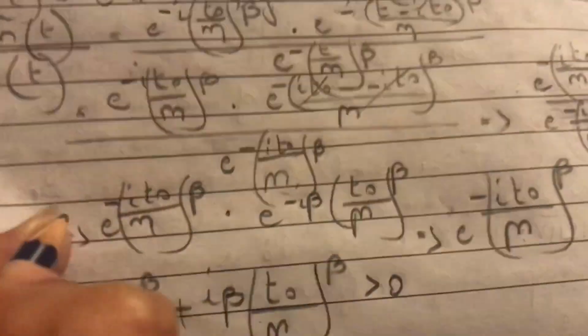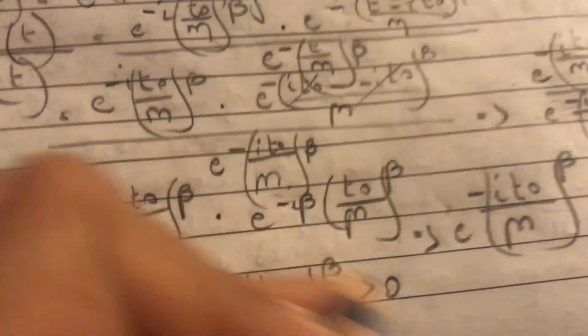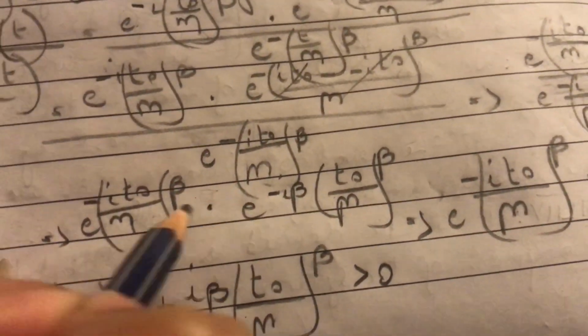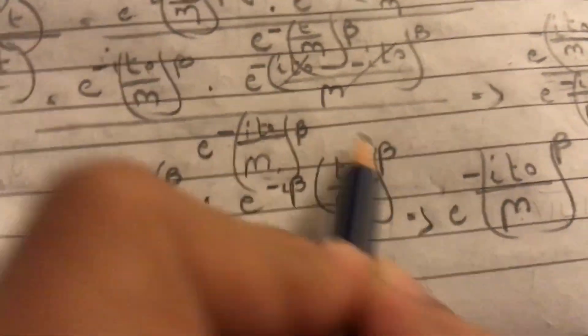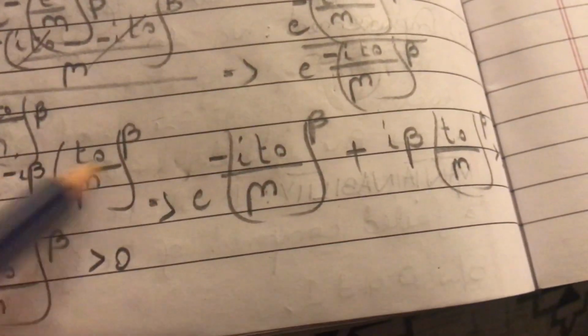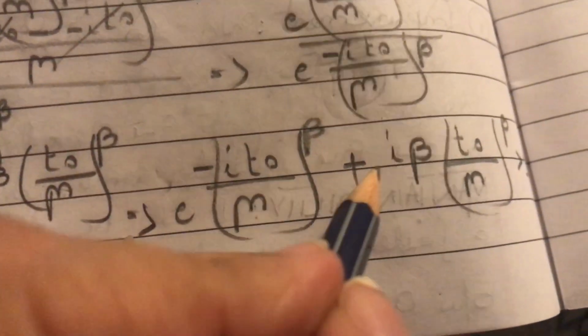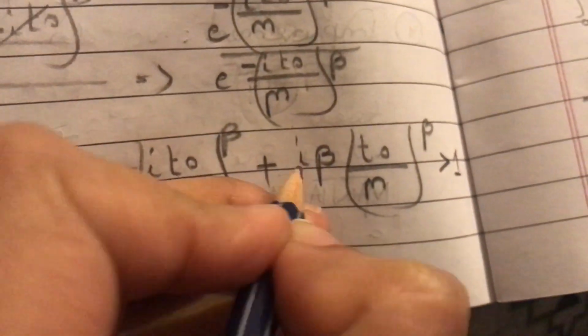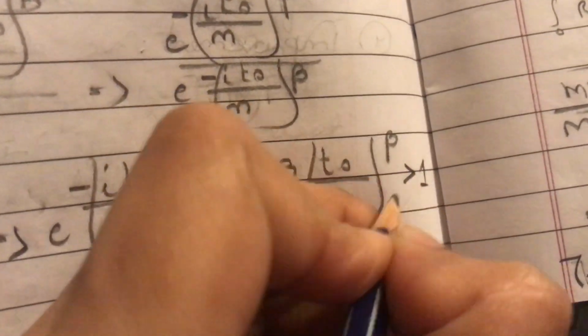The e's are both the same, so one e can be removed and it can be represented in the form of plus and the other exponential value. So it is here in the form of adding, and we say that this equation is greater than 1.